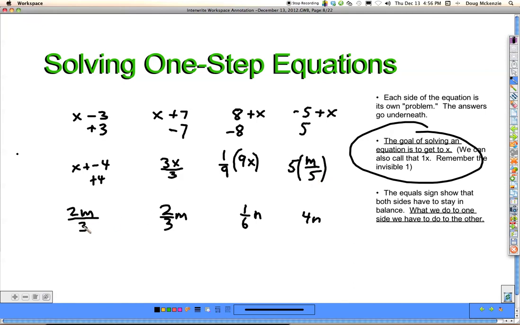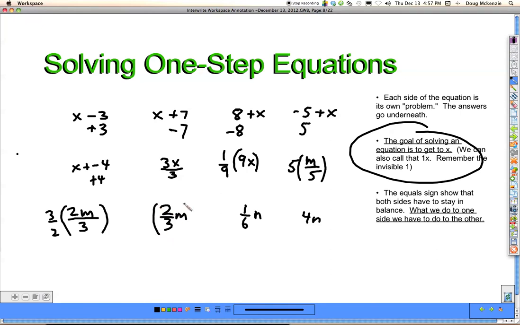If I had 2m over 3, I would want to multiply that by 3/2. That would give me 6/6m. That would be 1m. I could also notice this is basically the same as 2/3 times m over 1, so that would give me 2m over 3. So those are just two forms of the same quantity.